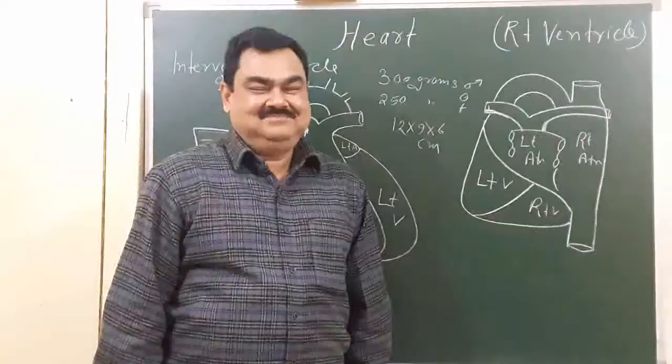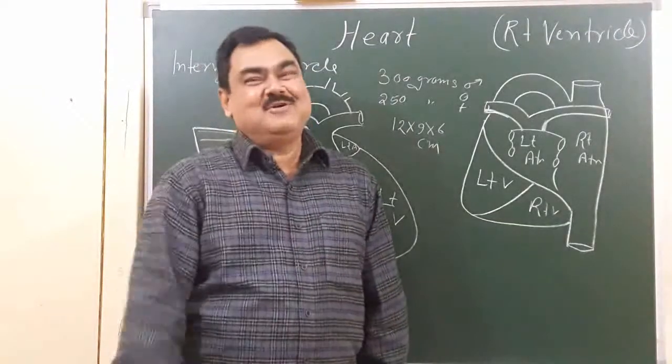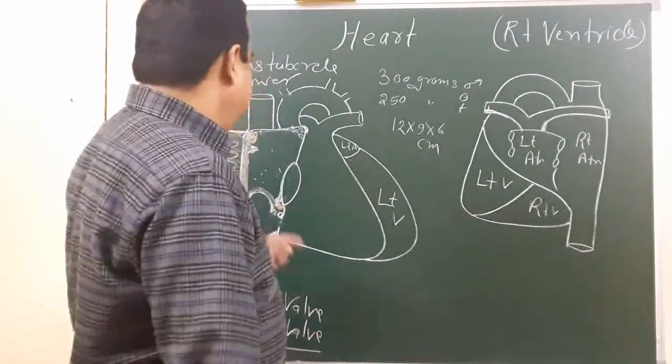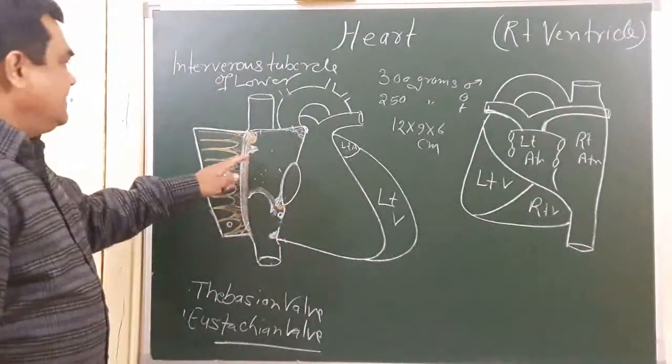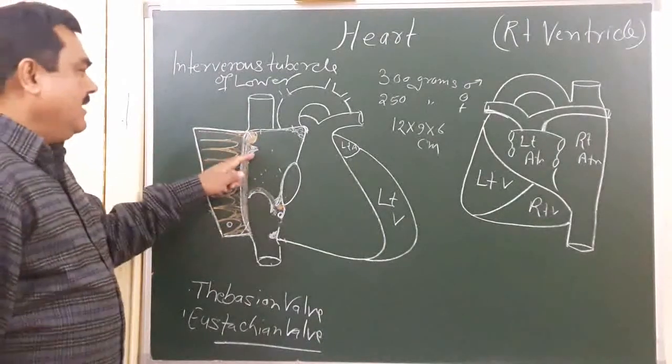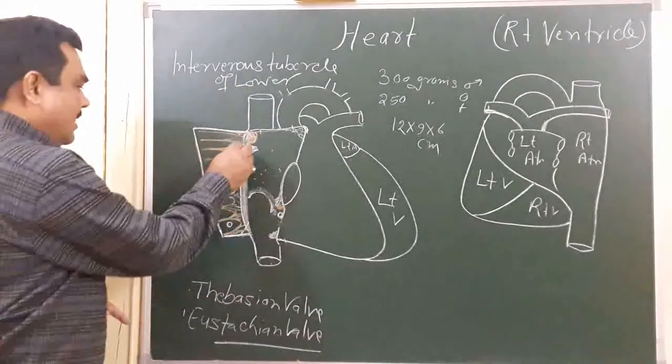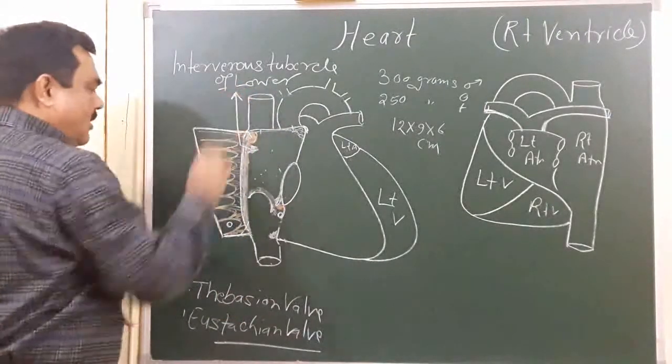Yes, now we'll discuss the right ventricle. In previous lectures, you have seen some named valves and tubercles. This is the intervenous tubercle of Lower.